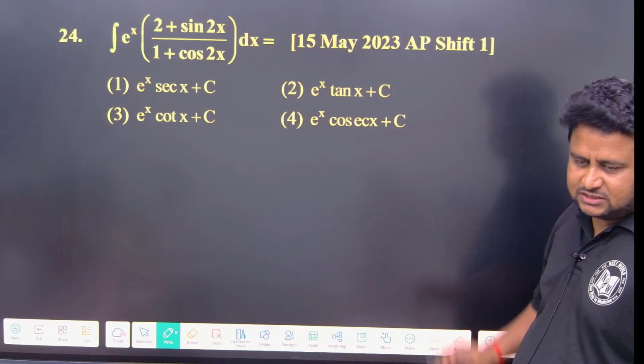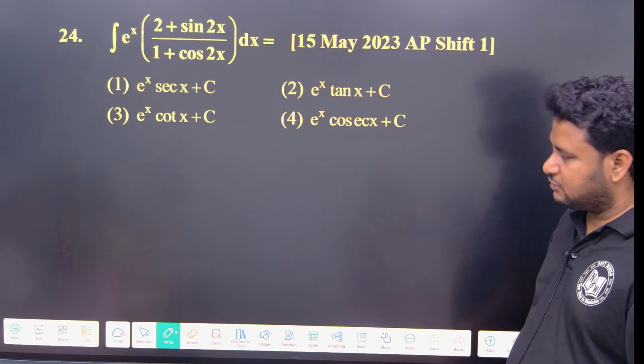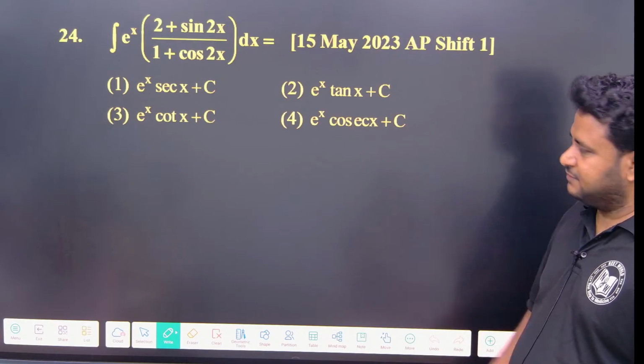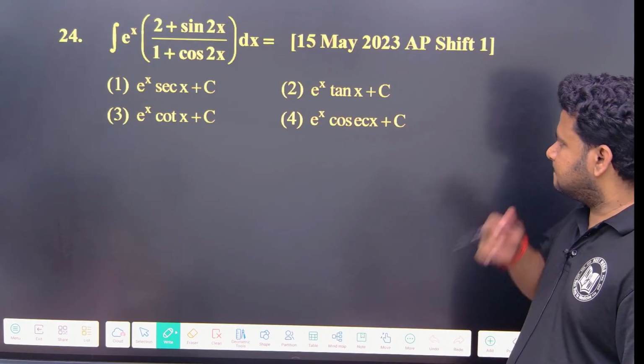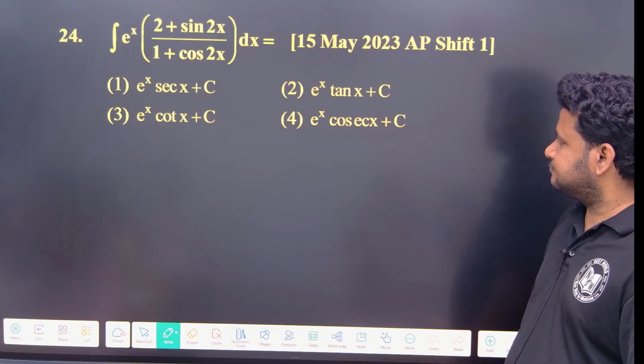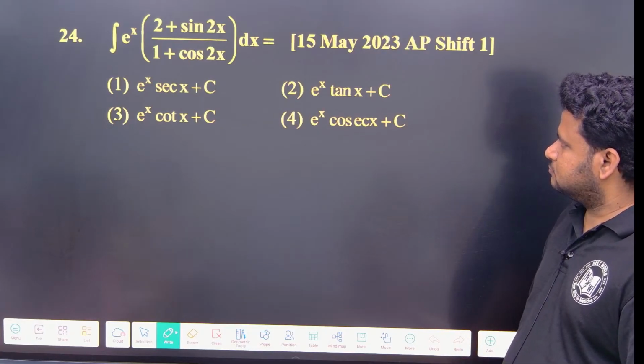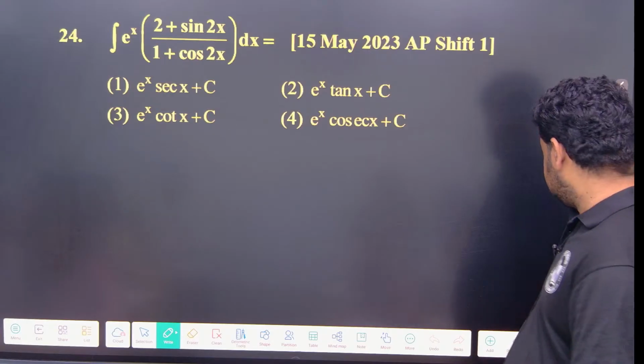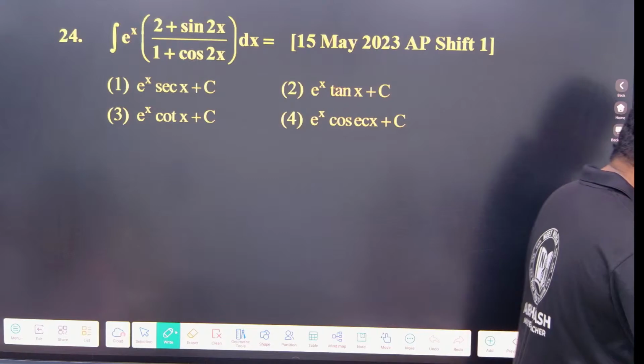We will do it in the next class. You can use the trick or you can use the conventional method, whatever you want. Please make a note of this question.